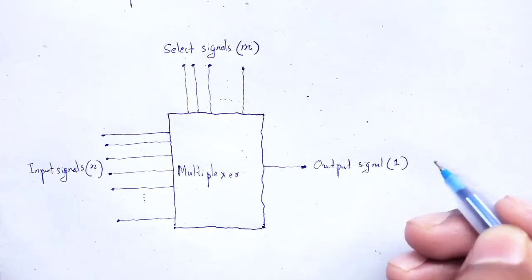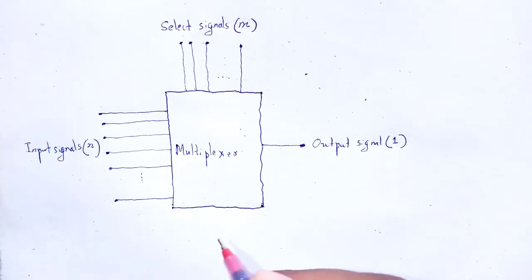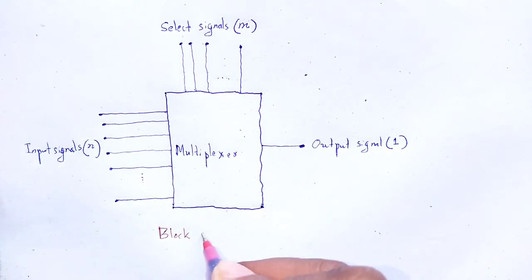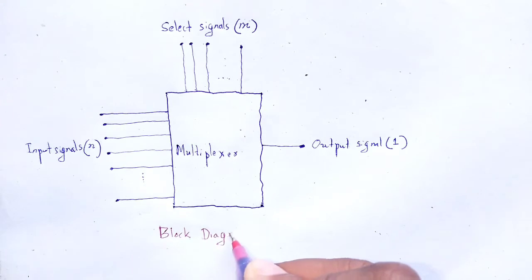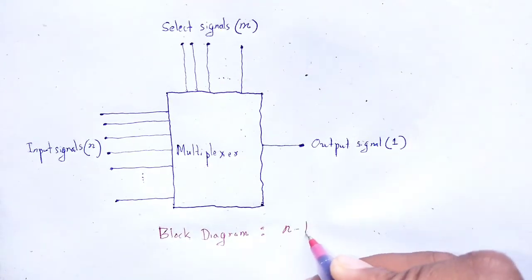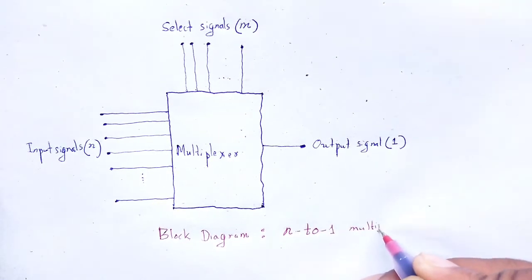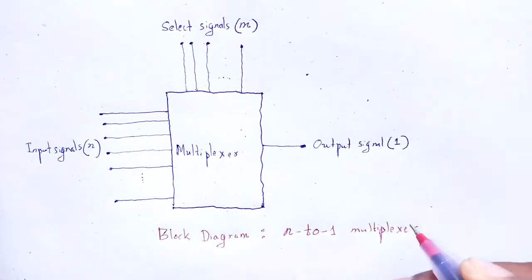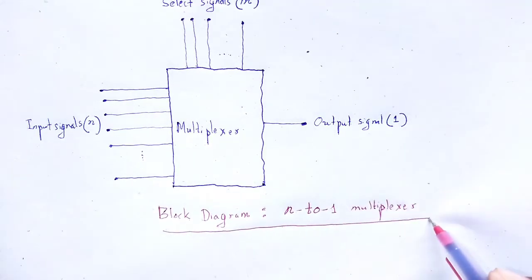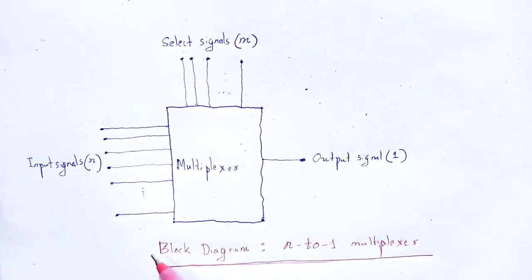That is a typical block diagram of n to 1 multiplexer.